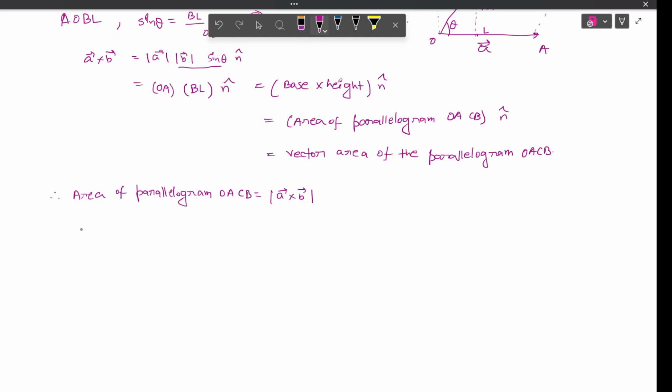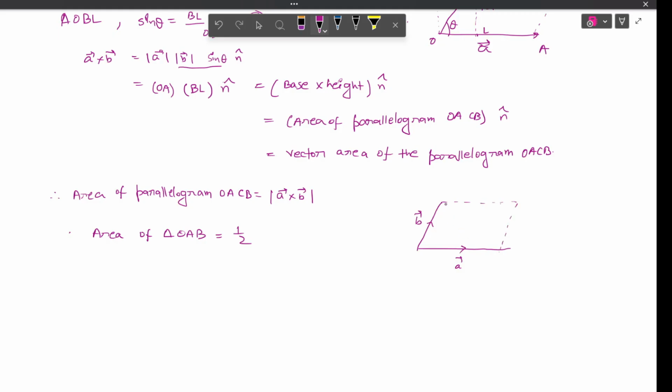Now, if we want to find the area of a triangle, you can see the area of triangle OAB is half of the area of the parallelogram. Let me draw the diagram. If this is your B vector, this is your A vector, then first complete the parallelogram.